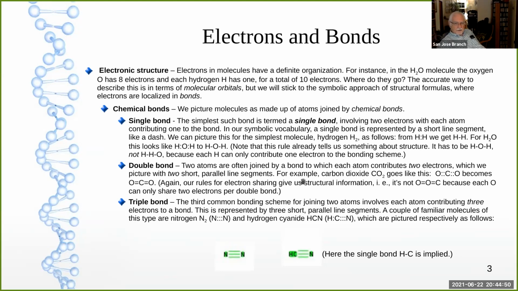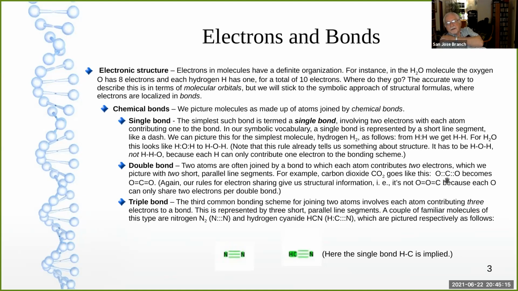So if we go through this procedure with carbon dioxide, we start with the chemical formula, CO2, and then we look at the schemes that you can use to pair up these electrons. Oxygen has two electrons that it can share.